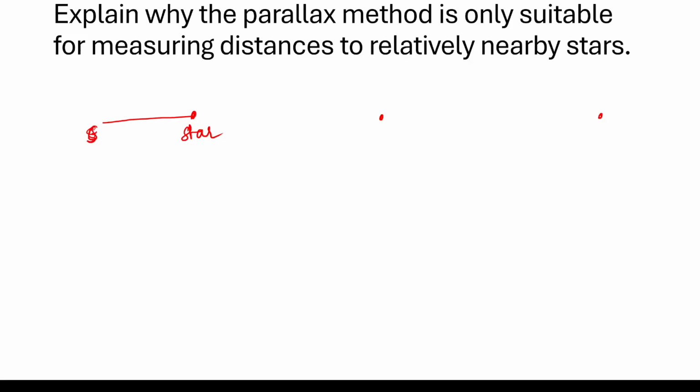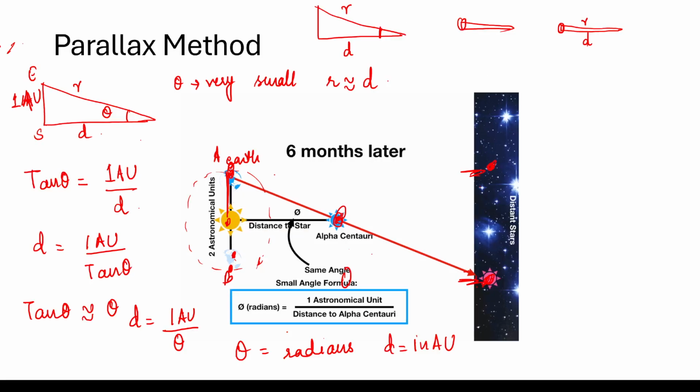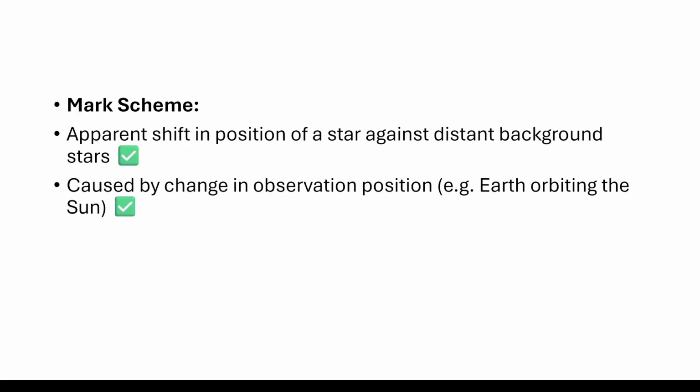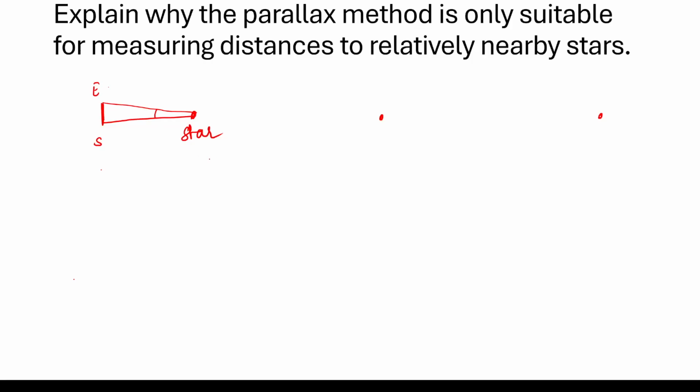This is the Earth, and this is the Sun. Closer by, we measured Alpha Centauri here. The angle was measured by measuring its shift with respect to some faraway star.